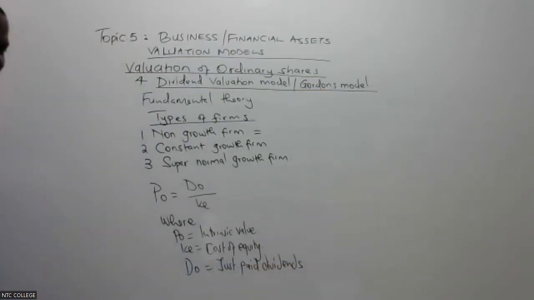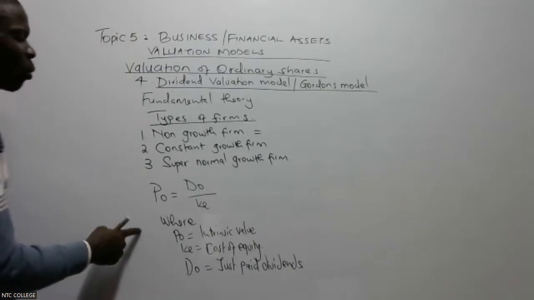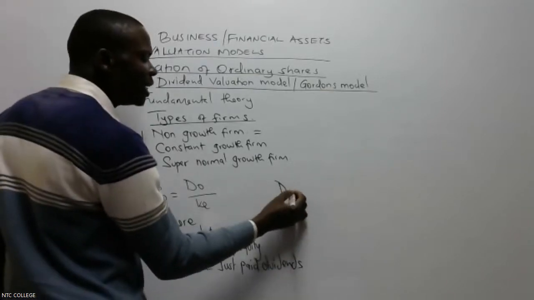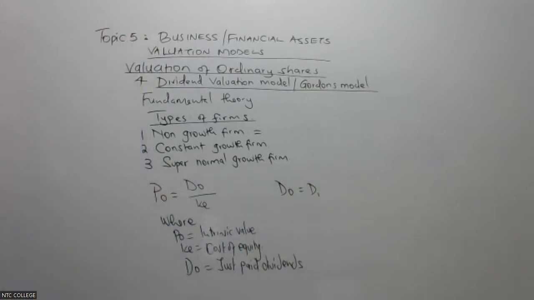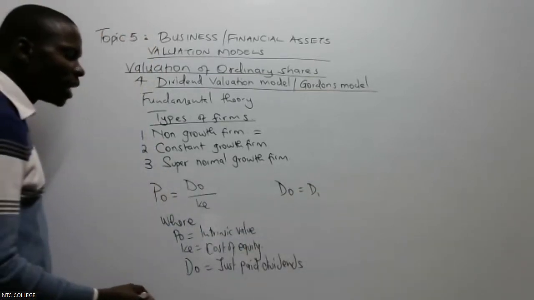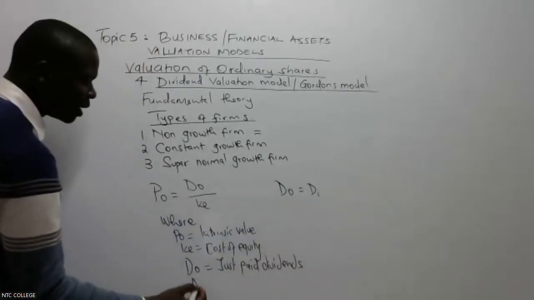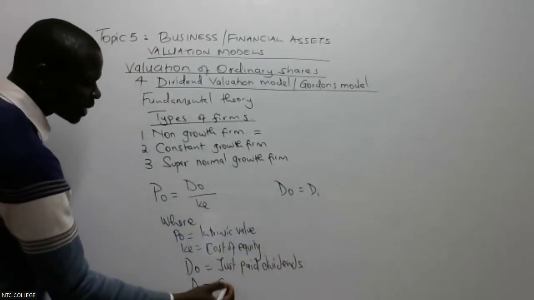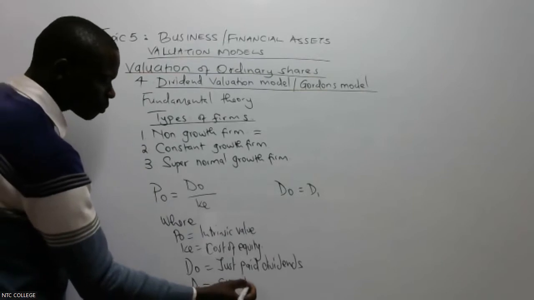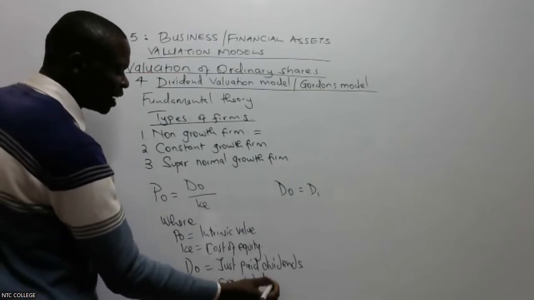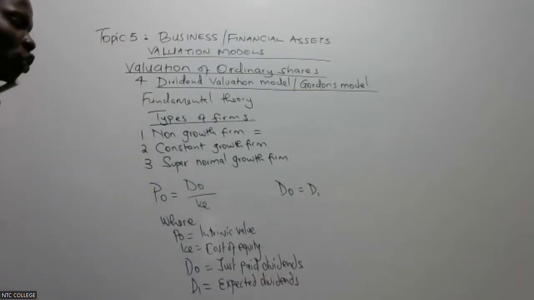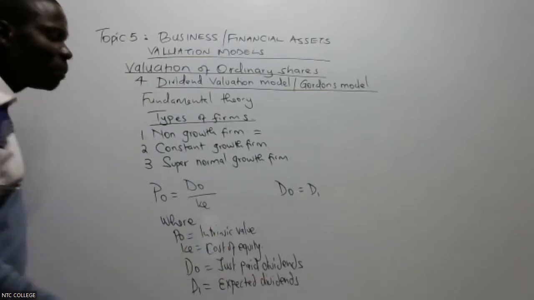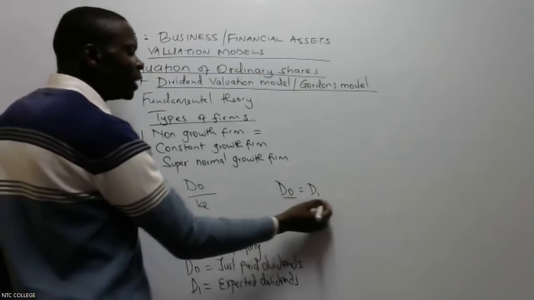What we need to note here is that D0 will always be equal to D1, where D1 is the expected dividend. So, what is the difference between D0 and D1?